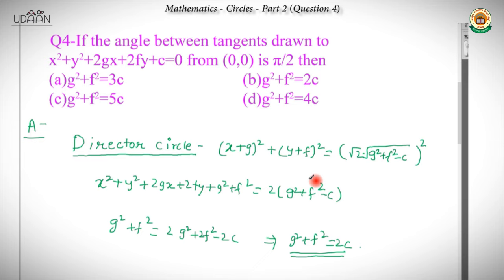Since the center of the circle and the director circle is the same and the radius is root 2 times the given radius, we directly find the equation of the director circle and substitute 0 comma 0 in it to get the relation. So make sure you remember what a director circle means and what the equation of the director circle is. Alright, so that was question number 4.